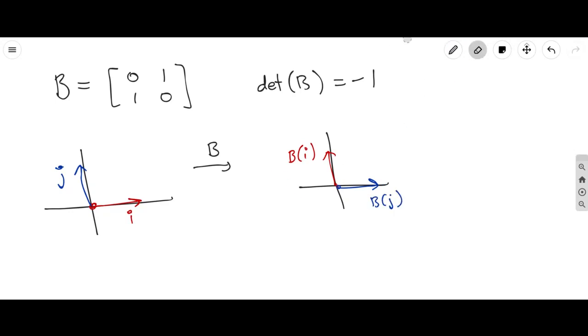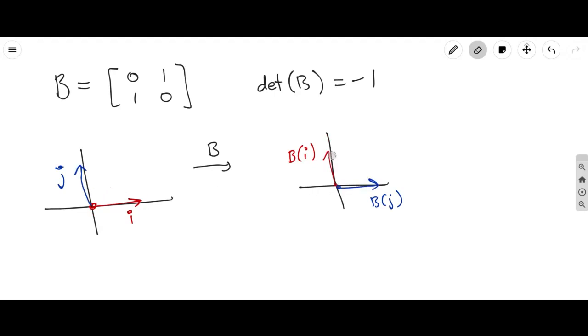And look at that. When you go counterclockwise, I goes first, J goes second, but now J goes first and I goes second. If you're using your right-hand rule, then if you put the edge of your right hand along the red vector, you can curl your fingers towards J, and the thumb points towards you.